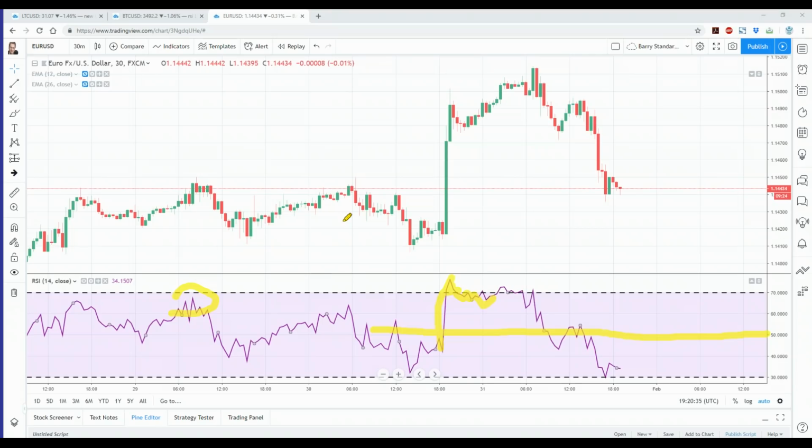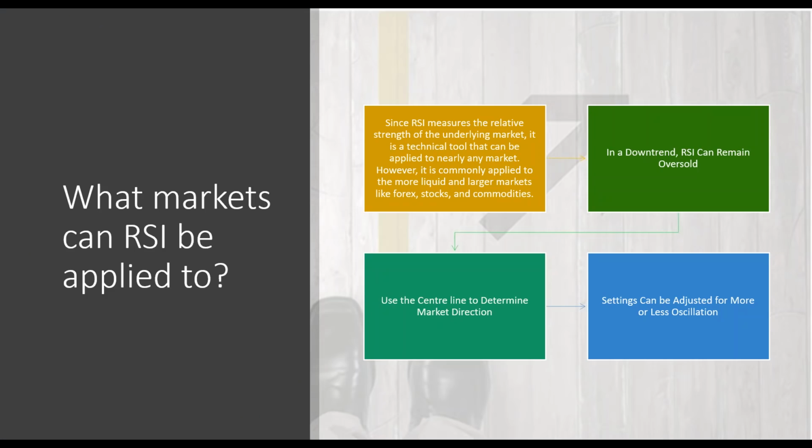Then we also have what's called divergence. Divergence is when the indicator is moving the opposite direction of the price chart. And each one of these can help us determine how our prices are moving and how we should interpret that price movement. Now, RSI works well in all markets.